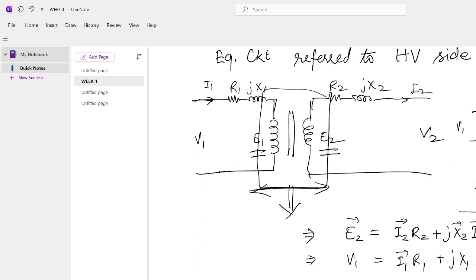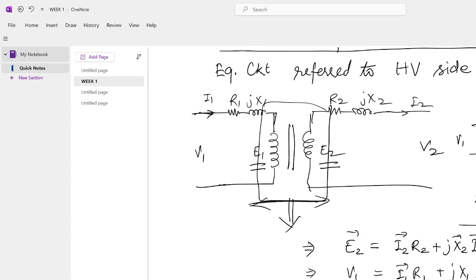Can we write E1 as, let this turn ratio N1 by N2 be represented as A? So E1 by E2 is equal to A. So can you write E1 as A E2?